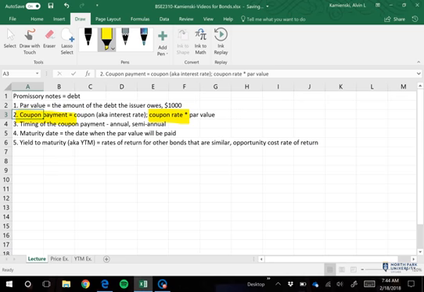That's its only function in life. Whereas this rate, the yield to maturity, is the market rate, the similar rate, the opportunity cost of capital rate. That's the one that we will eventually plug into the rate field.